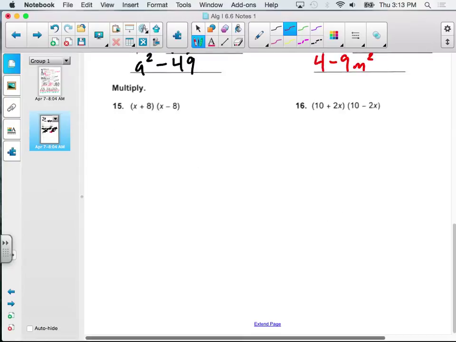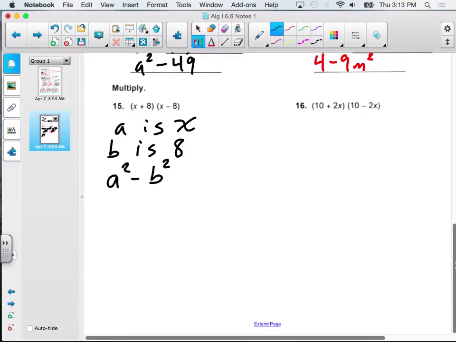Alrighty then. Number 15, I'm gonna go through with you so you guys know what you have to show in your work. A is what? X. B is what? 8. Then our model for difference of squares is what again? It's just a squared minus b squared. This is just the general look of it.